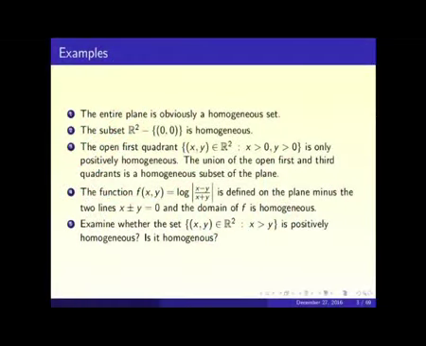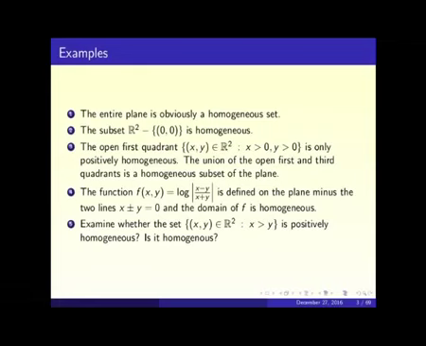Now let us take the function f(x, y) equals logarithm of mod (x minus y) by (x plus y). Where is this function defined? This function is not defined along the line y equal to x, and it is also not defined along the line y equal to minus x.